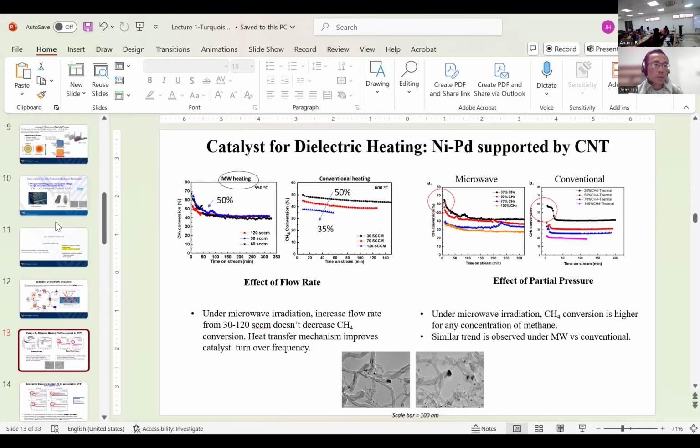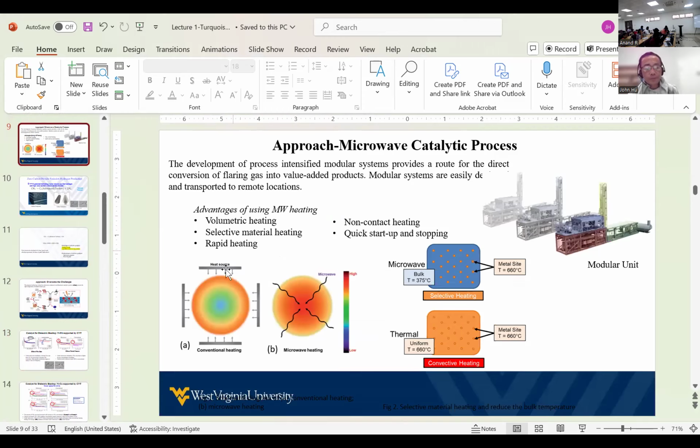The reason is that if you look at this cartoon, the microwave heating is heat from directly inside out, so the heat transfer is very fast. That means whenever the reaction needs heat, microwave can sustain that reaction. But external conventional heating is from external to internal.